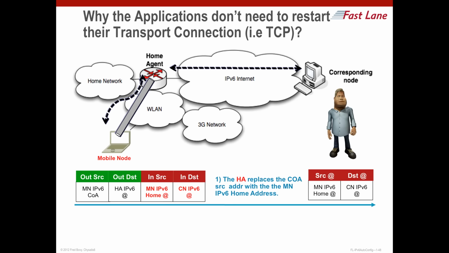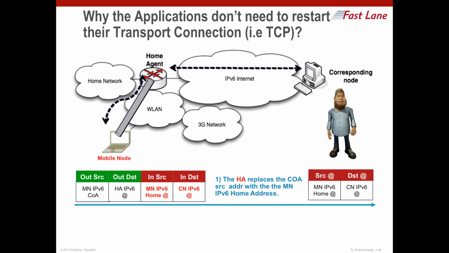So it is sending the packet to the home network just like if there was no change. The home agent received this IPv6 packet.